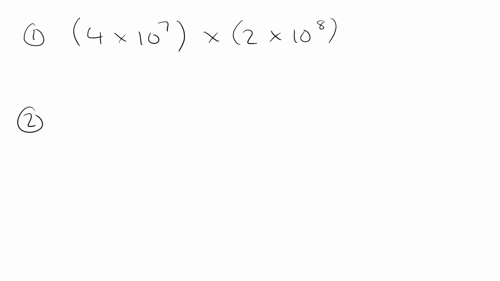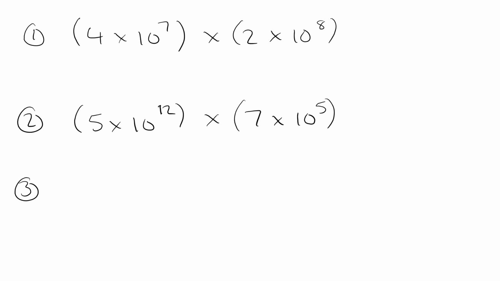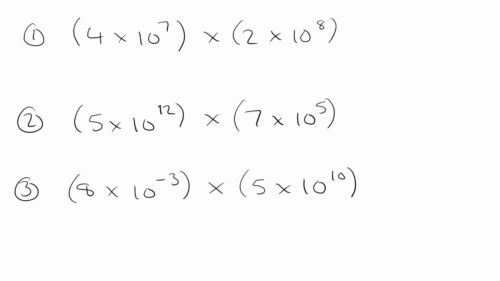Question 2, I'd like you to do 5 times 10 to the power 12 times 7 times 10 to the power 5. And then finally, I'd like you to do 8 times 10 to the power minus 3 times 5 times 10 to the power 10. And let's see how you get on with those.